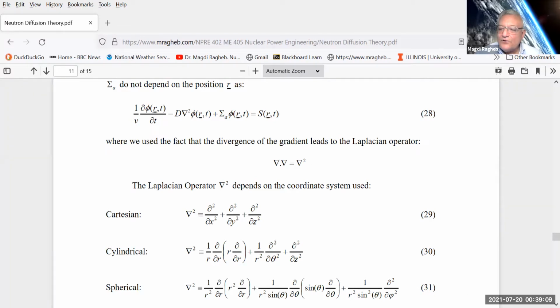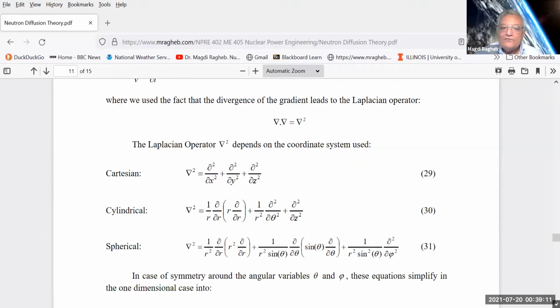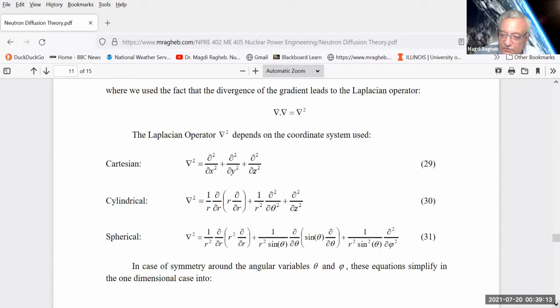The Laplacian operator allows us to solve for the criticality of nuclear reactors or design shields against neutron radiation in different configurations. So if you deal with Cartesian coordinates, that Laplacian takes the shape of partial squared by dx squared plus partial squared by dy squared plus partial squared by dz squared. So it's a partial differential equation that we get there.